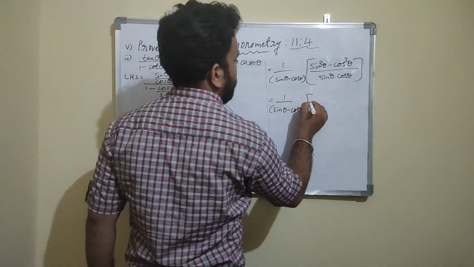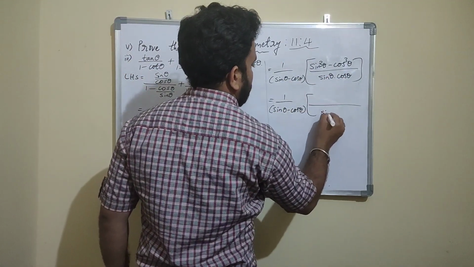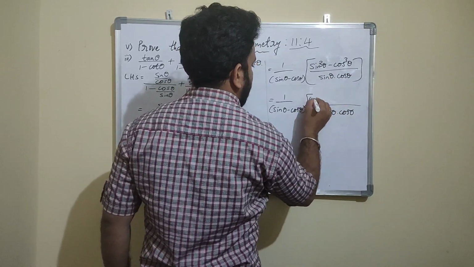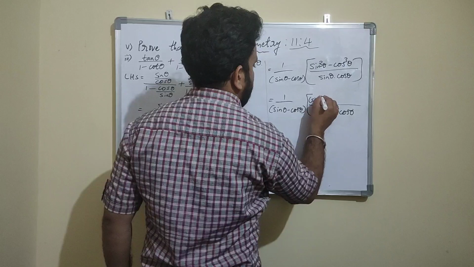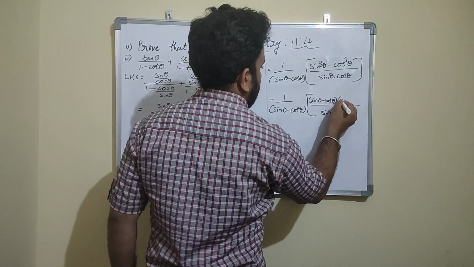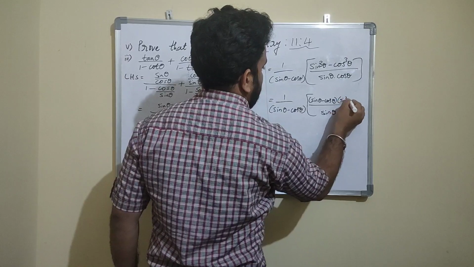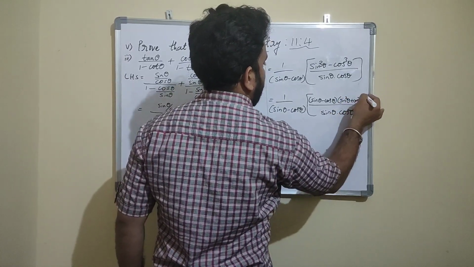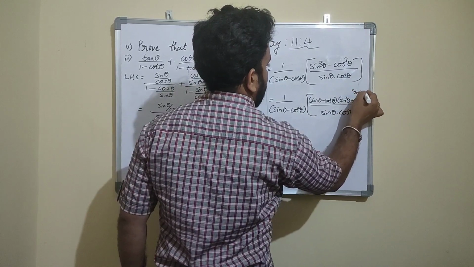It is in the form of a cube minus b cube. Then this as it is, then this will be sin theta minus cos theta into sin square theta plus cos square theta plus sin theta cos theta.